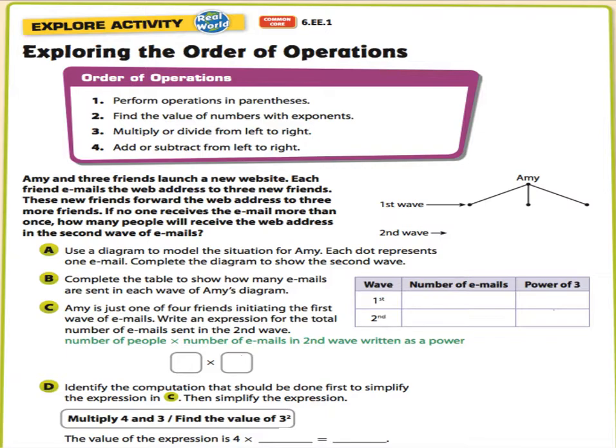All right, so each dot represents 1 email. And we're going to complete the diagram to show the second wave. So if Amy sends out an email, she sends it to one person. And then after she sends it to that one person, that person sends it to 3 more people.